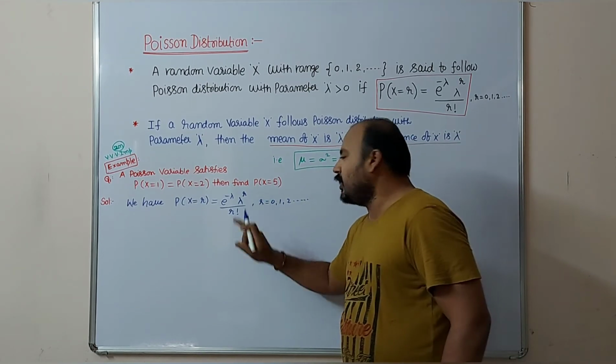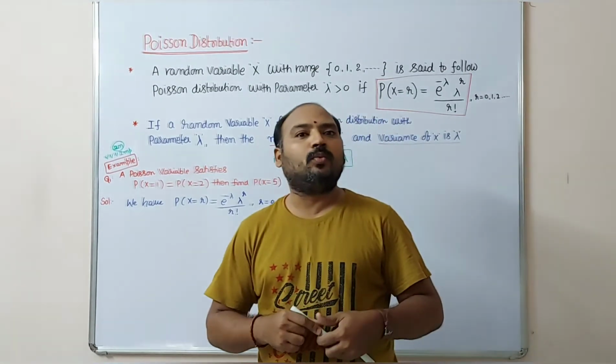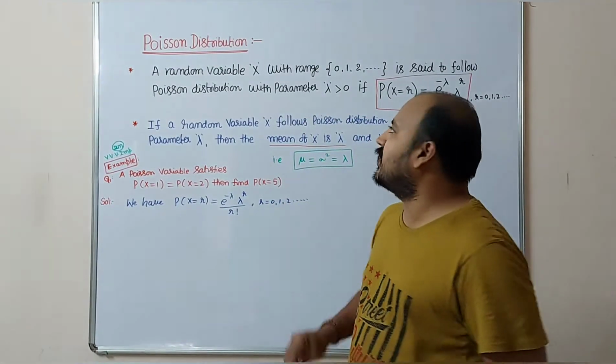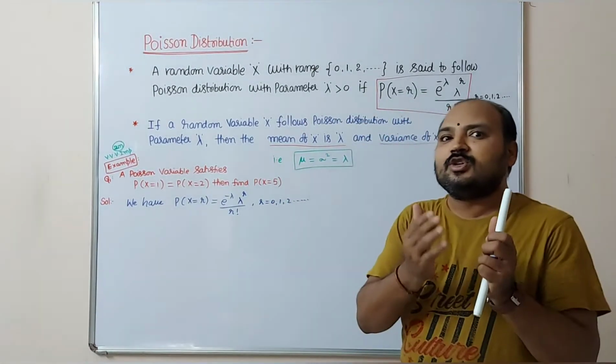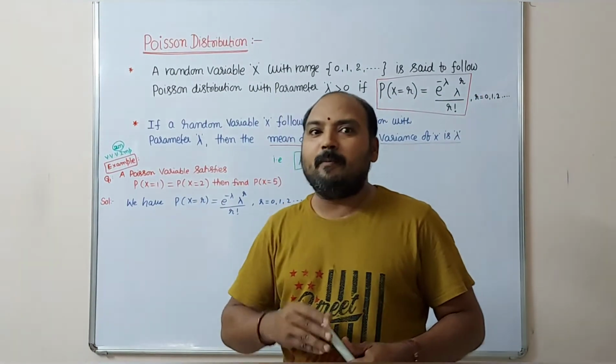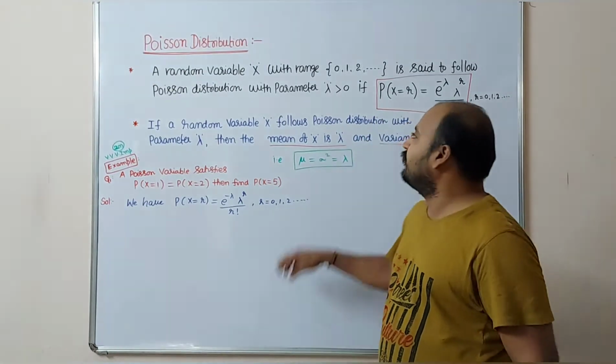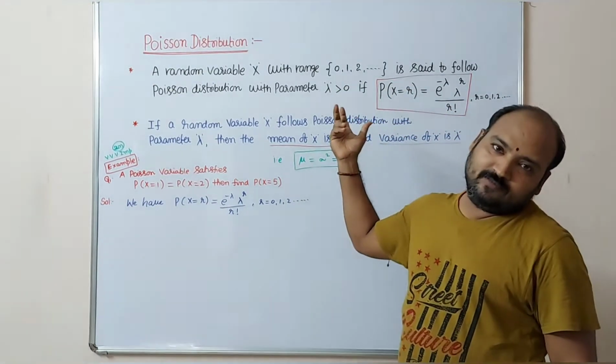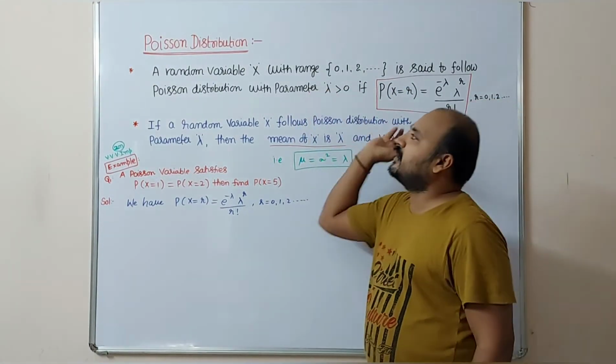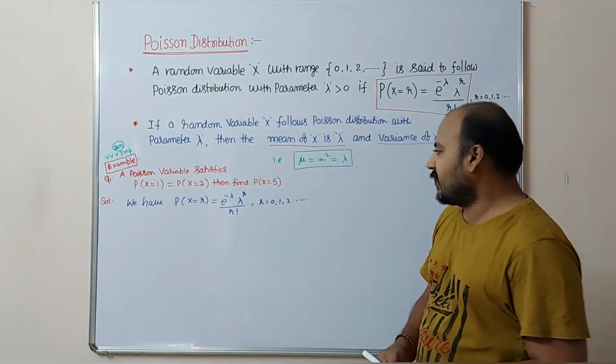One more important point I am reminding you: in the binomial distribution, the range is 0 to n, the number of times conducting the experiment. Whereas in Poisson distribution, the range is 0 to infinity; the experiment can be conducted any number of times.